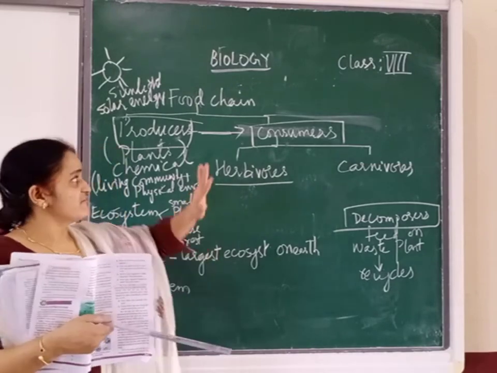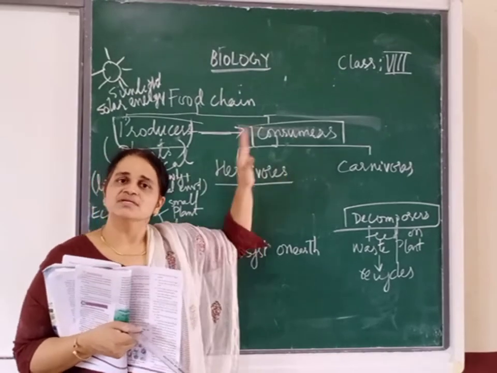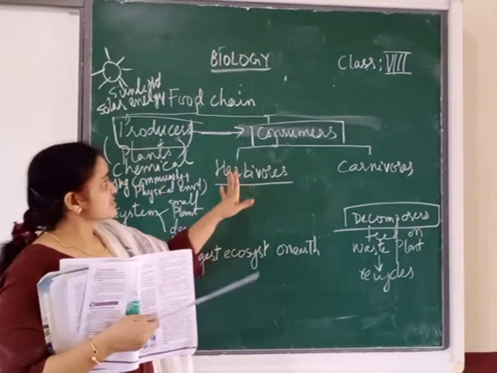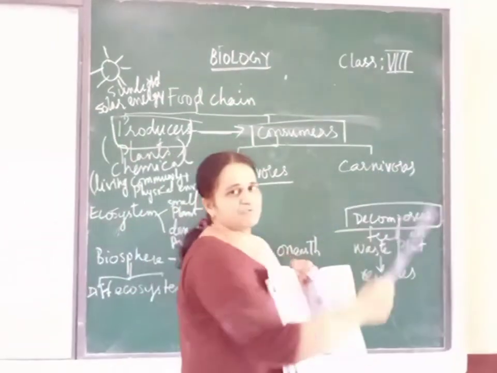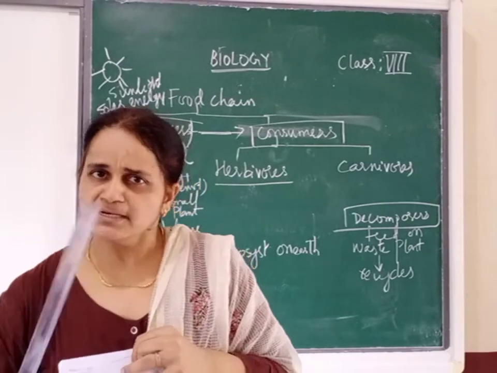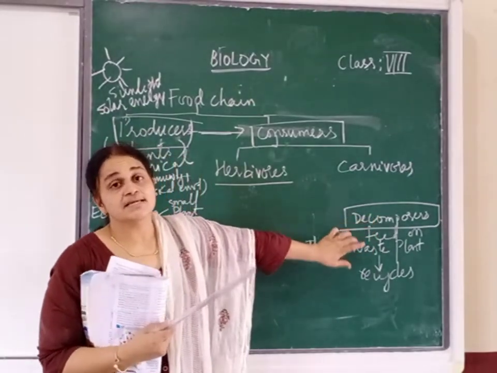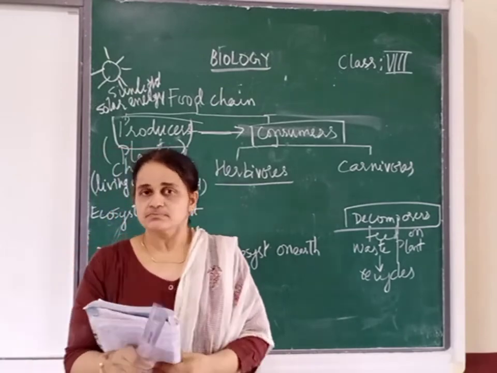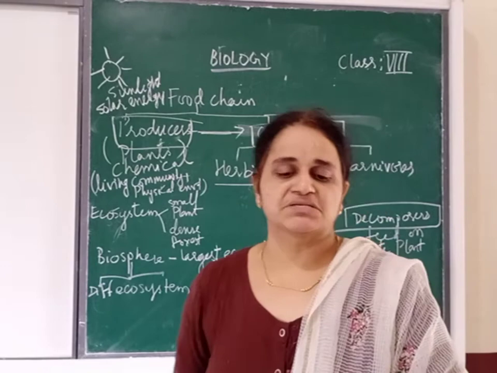That means you have producers and consumers in a food chain. So three levels if you say: producers, herbivores and carnivores. These are the three levels of food chain. And at every level we have decomposers.